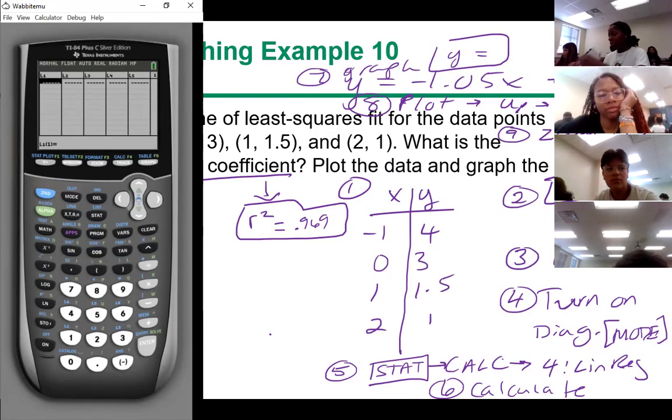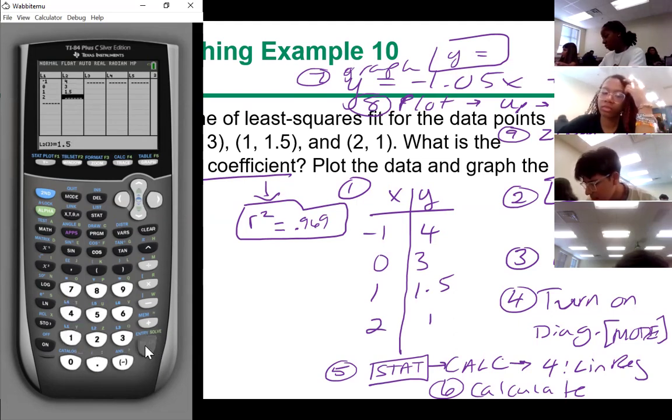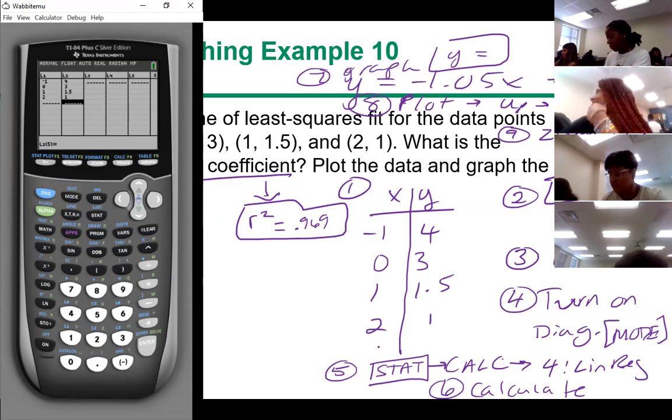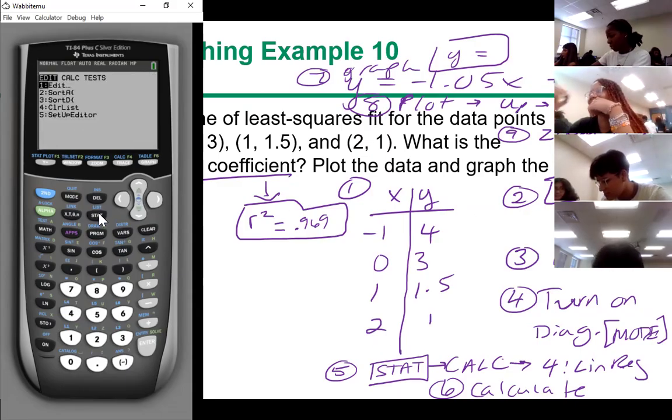I input my data: -1, 0, 1, 2, and 4, 3, 1.5, 1. So I made my table, I input my table. Step 2 is stat edit. And then step 3 is where I put in the values.